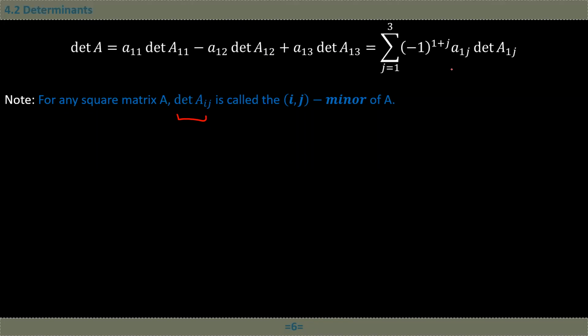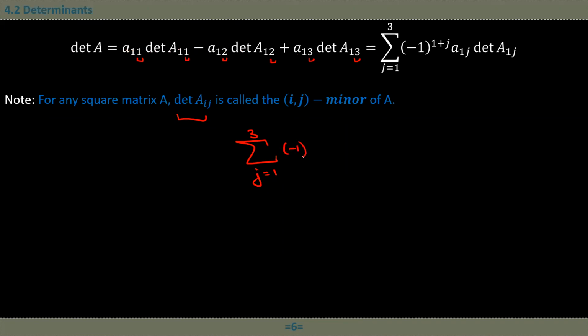So by using sigma notation, as you see here, the second subscript is changing, right? This is 1, it is 1. And here we have 2, here we have 2. And here we have 3, and here we have 3. And that's why I can write it with sigma notation. Because I'm going to use i for the first subscript, j is changing from 1 to 3. And see here, the sign is changing. It is plus, minus, plus. If you have more, then always it is plus, minus, plus, minus, plus, minus.